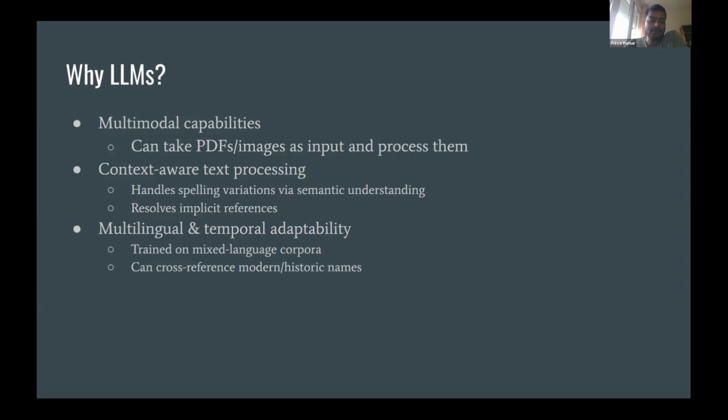They also have multimodal capabilities, so they can directly take PDFs or images as input and process them, so we don't need to give them just text. We can provide them PDFs and images, and they should work just as fine.